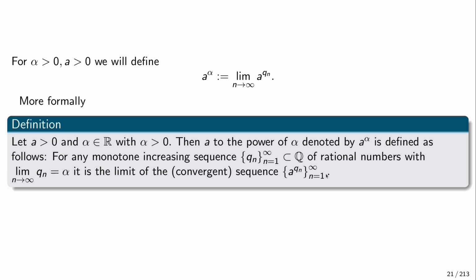And then the limit of this convergent sequence, which we've proved is convergent by the monotone convergence theorem, is going to be the definition of the value of a to the power of alpha. Now we're going to prove that this definition is well defined and is independent of the sequence that we choose to converge to alpha, as long as it is monotone increasing.